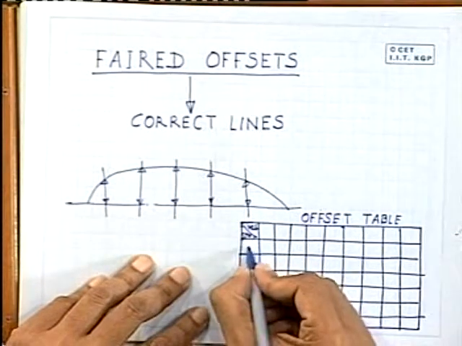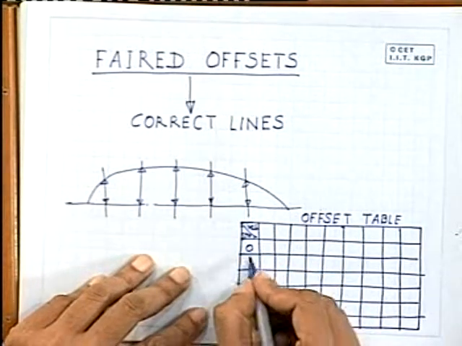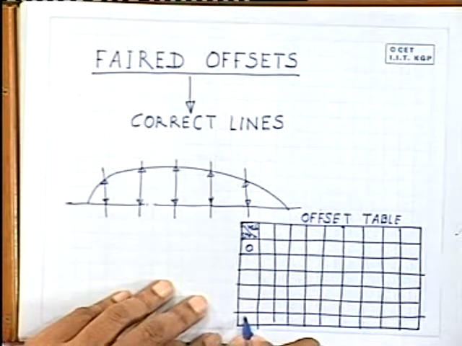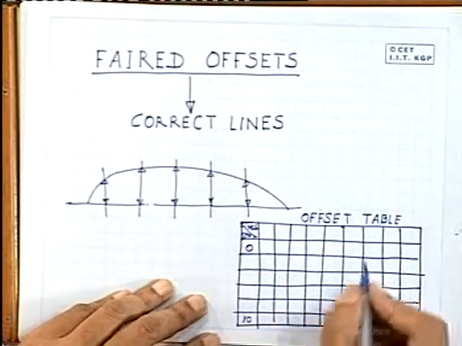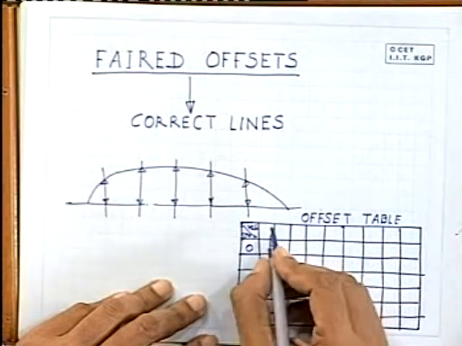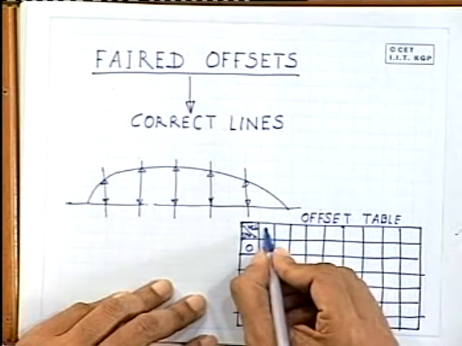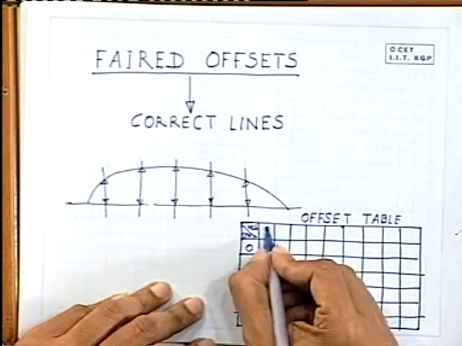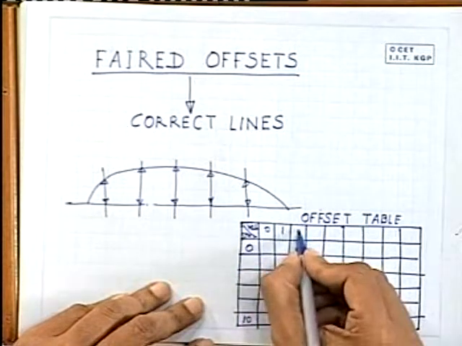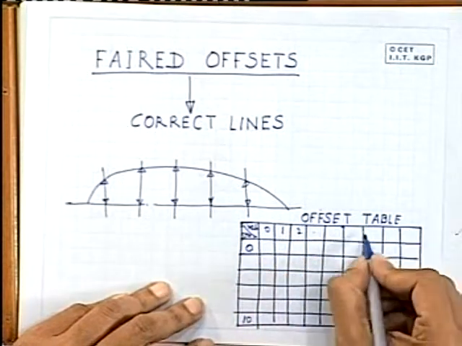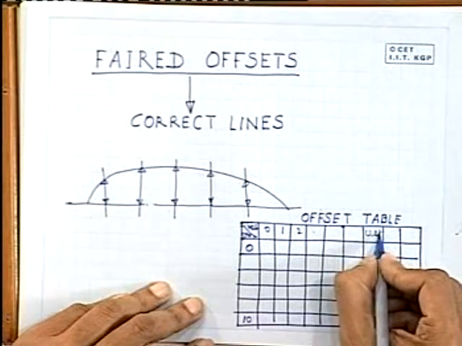You can start from station 0, which is nothing but the forward perpendicular. You can go to the 10th station. And for water lines you start from say the 0 meter water line, then 1 meter, 2 meter, like this it goes on till you have the upper deck, forecastle deck.